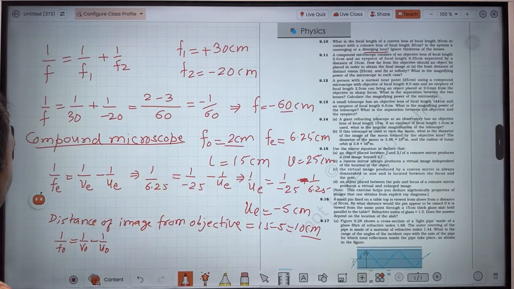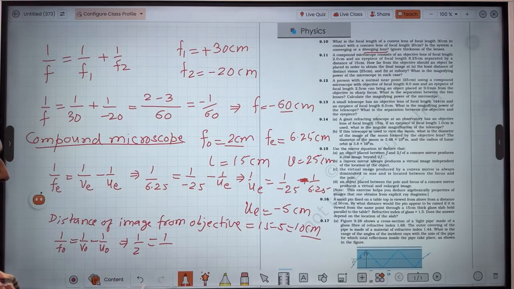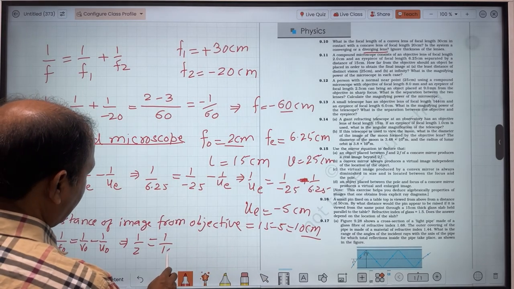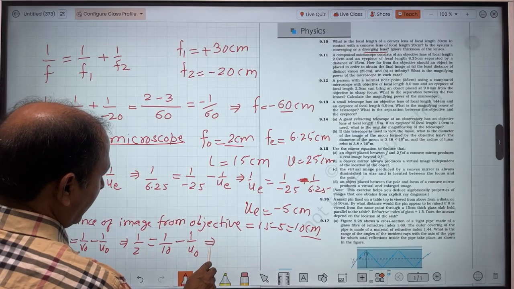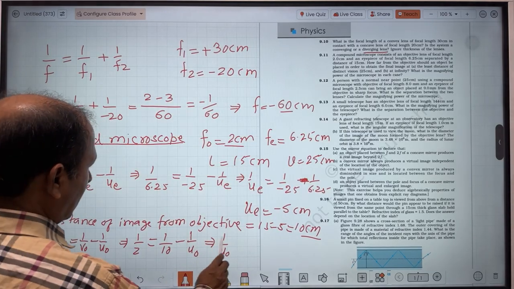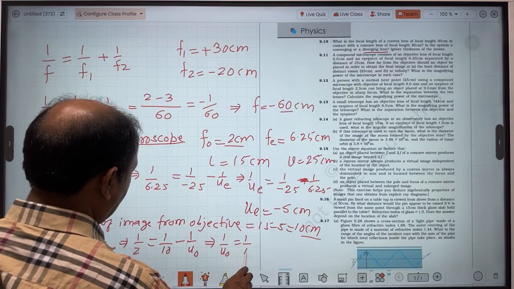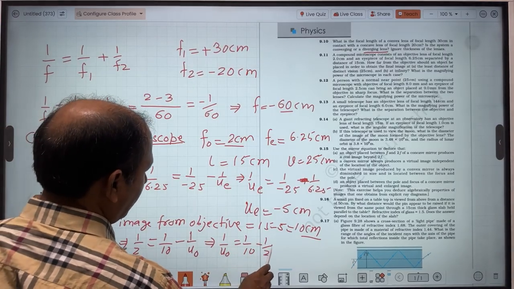So it will become 1 upon 2 equal to 1 upon VO, VO is 10, minus 1 upon UO. So from here we can get 1 upon UO equal to 1 by 10 minus 1 by 2.